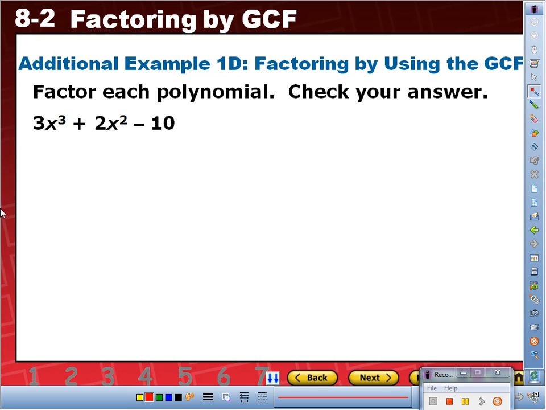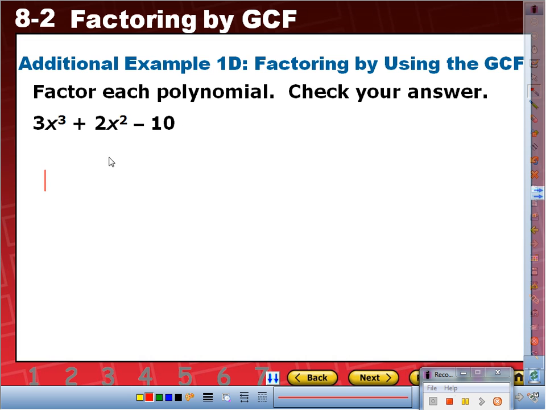Let's see. What divides 3, that divides 2, that divides negative 10? 1. Yes, if there's nothing else, then 1. How about variables? Is there a certain variable on each term? No. It needs to be the same on all terms.